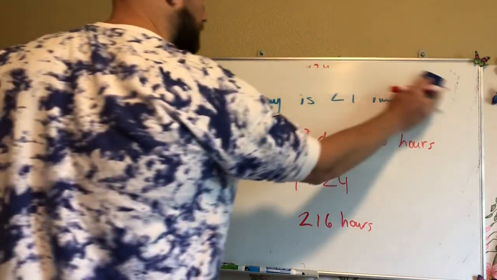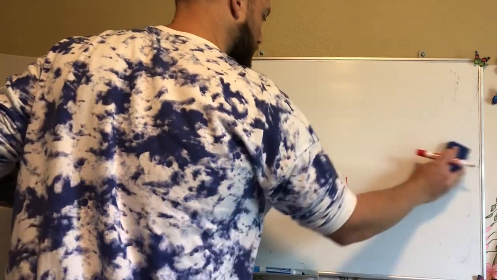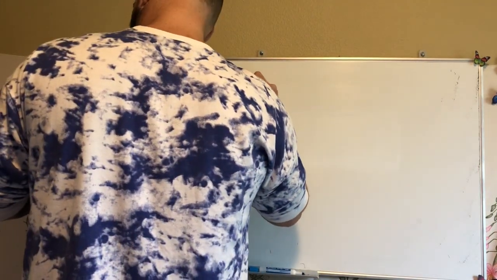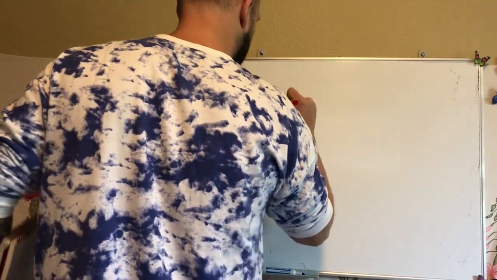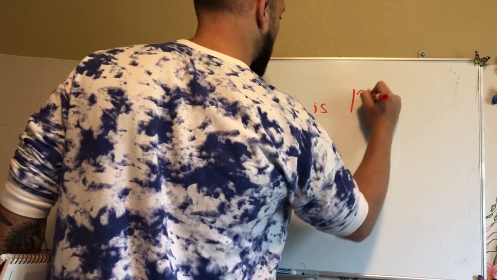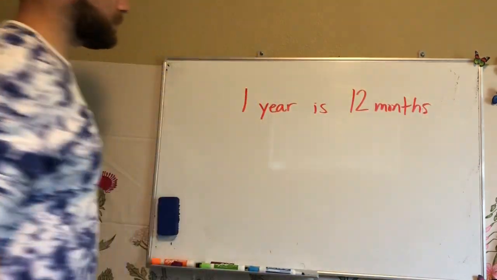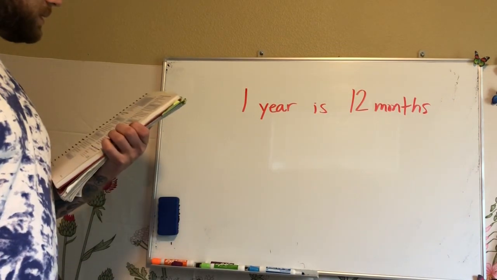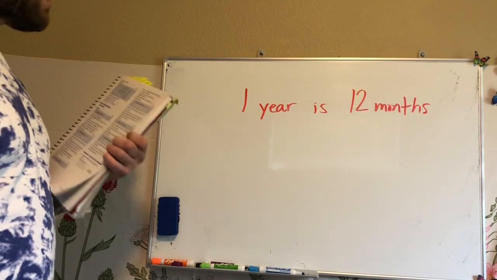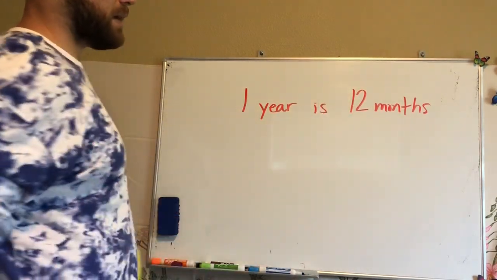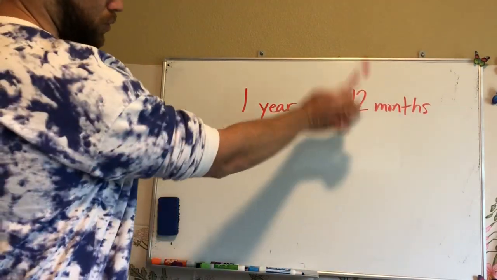Here's a new one. One year is 12 months. So, are there more years or months? There's more months. How many times more? 12.